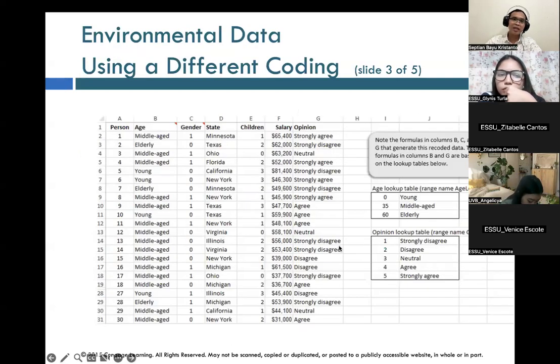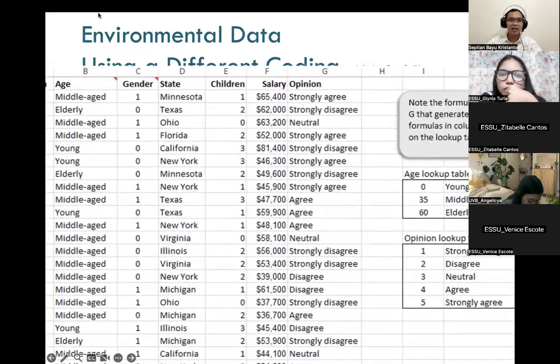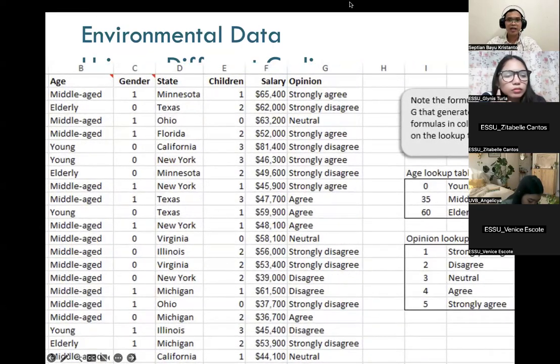So you can look at these ones. In this data, you can find any kind of variables like this. This is a variable of gender. We have only two possibilities, 0 and 1. What is the meaning of 0 and 1? Maybe 1 is male and 0 is the others.